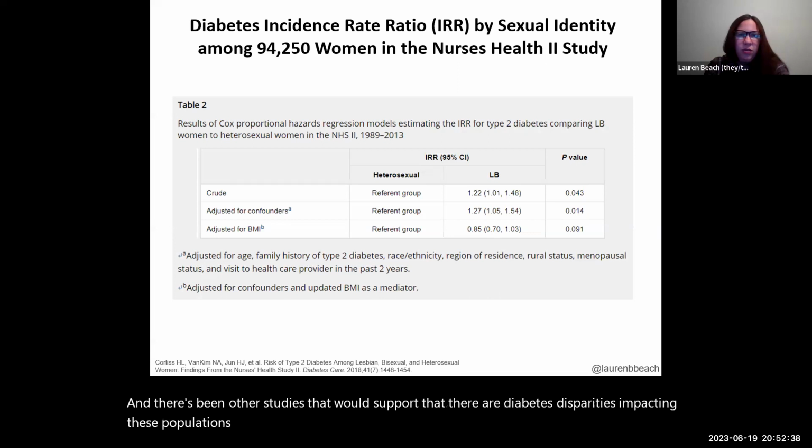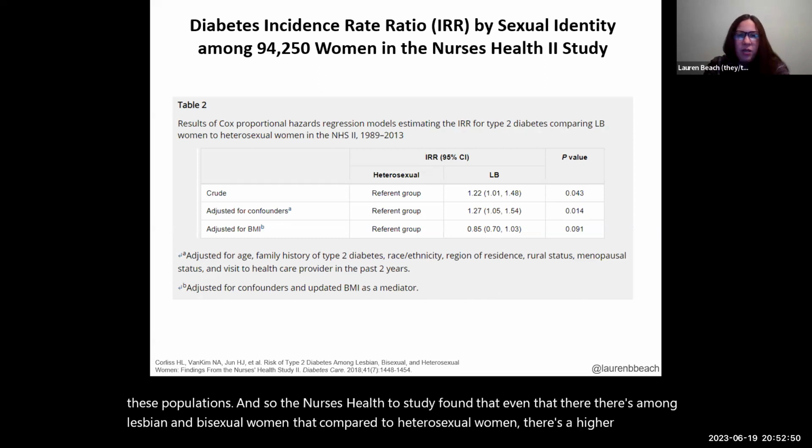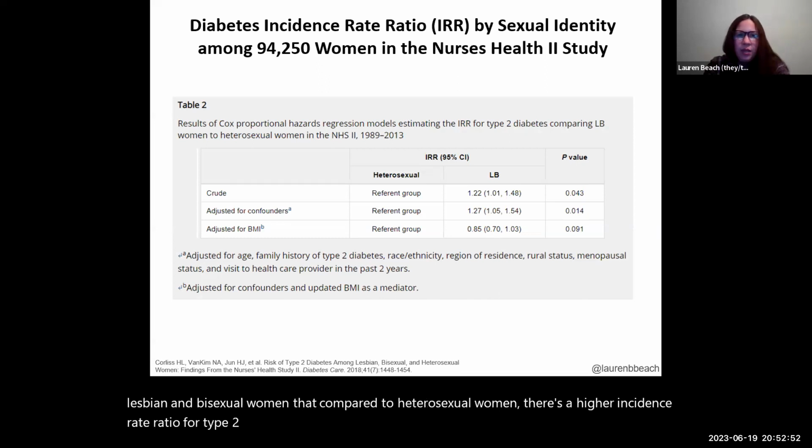The Nurses' Health Study 2 found that among lesbian and bisexual women, compared to heterosexual women, there's a higher incidence rate ratio for type 2 diabetes, but when you adjust for BMI, this disparity disappears.